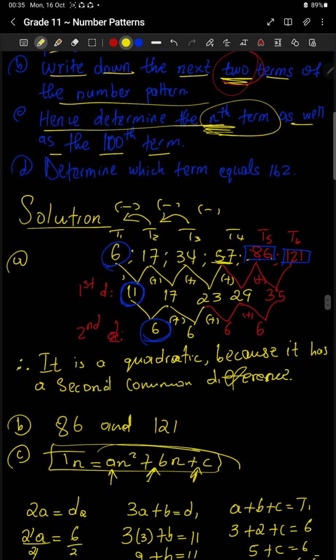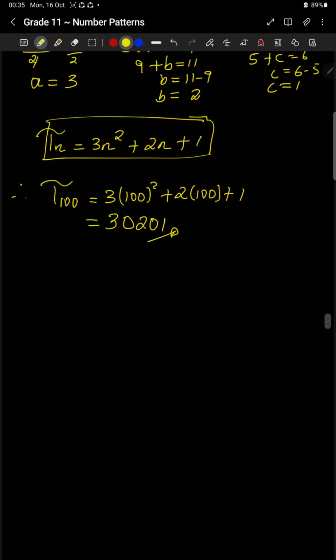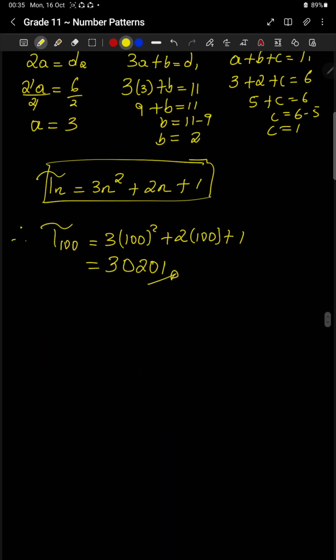So we go to the last one. They say which term is equal to 162. So when they say which term, this question is easy. They're just asking us the number of terms. That means we have to determine n, and in the place of Tn we're going to put 162. We're going to use this formula.